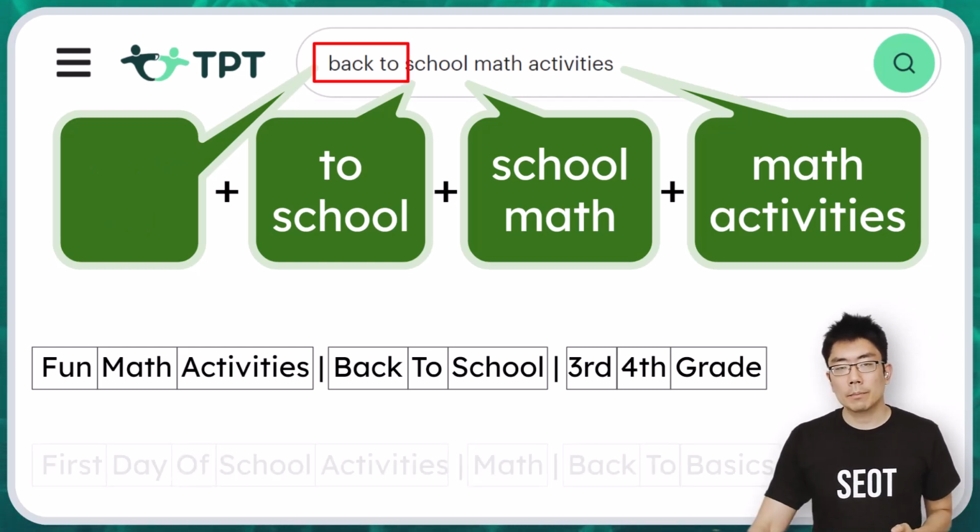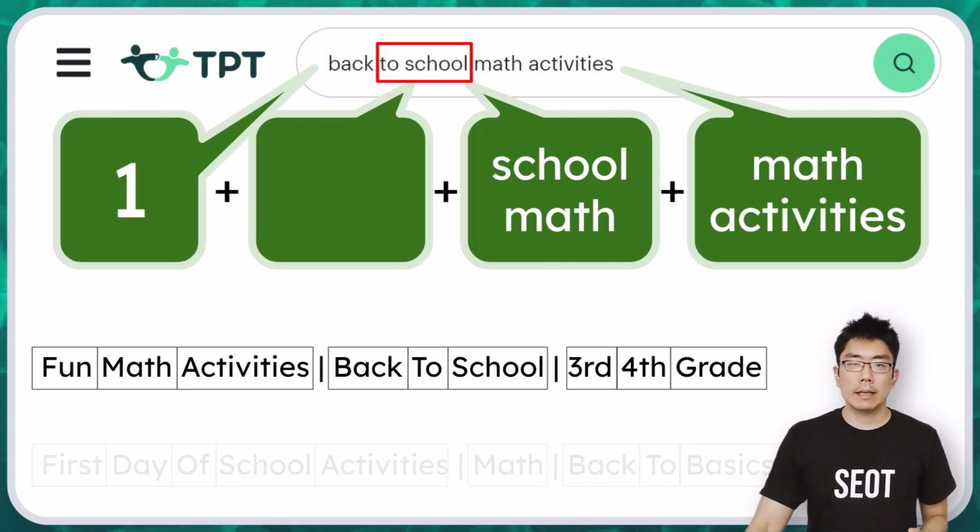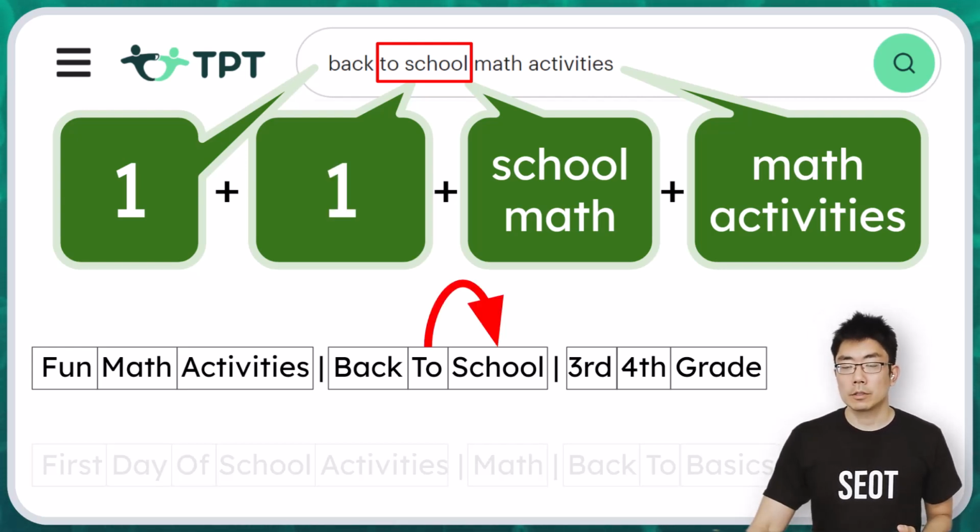Right now, let's calculate the proximity score for these titles. First, back and to. In "Fun Math Activities, Back to School, 3rd, 4th Grade," the score is 1, because back and to are 1 word apart. Then to and school are also 1 word apart, so a score of 1.